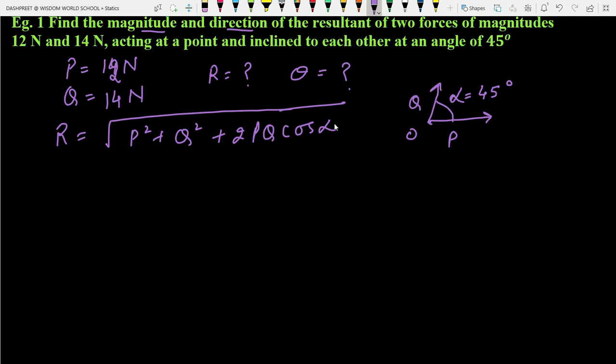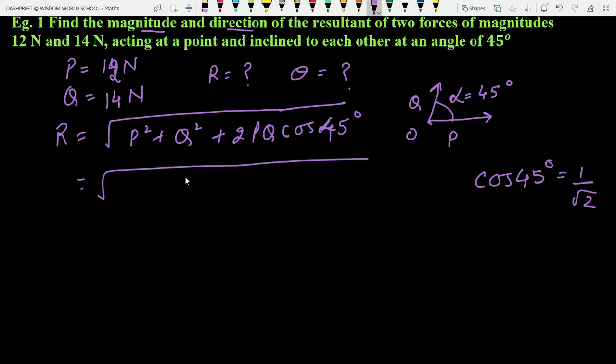Here alpha is equal to 45 degree. Now we know that the value of cos 45 degree is equal to 1 by root 2.